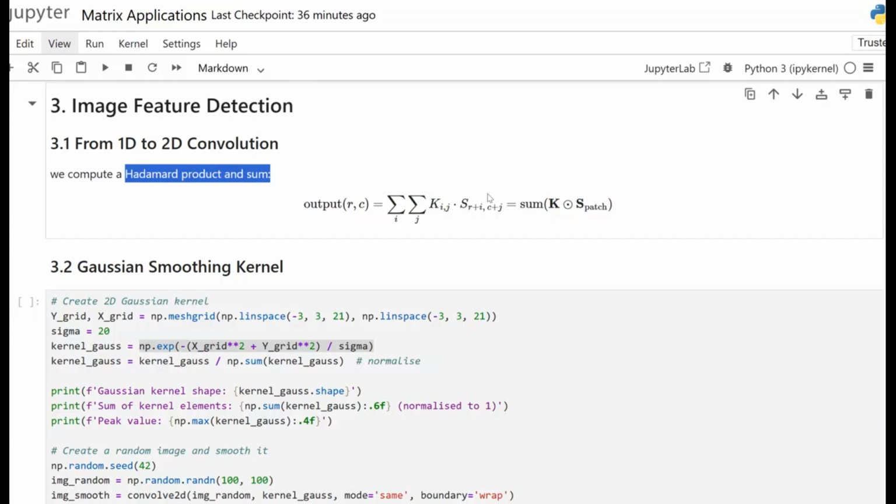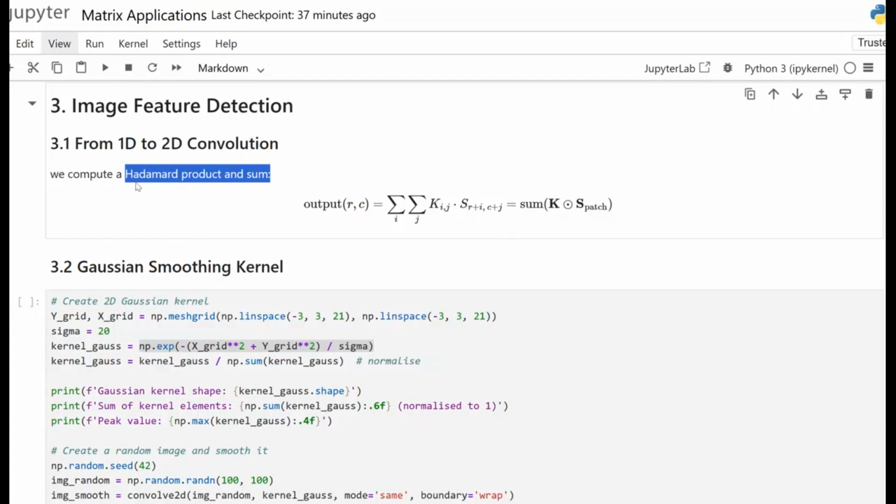And dear friends, this is nothing but a simple thing: multiply the kernel values with the image patch values, then add everything together. That is the exact functionality.